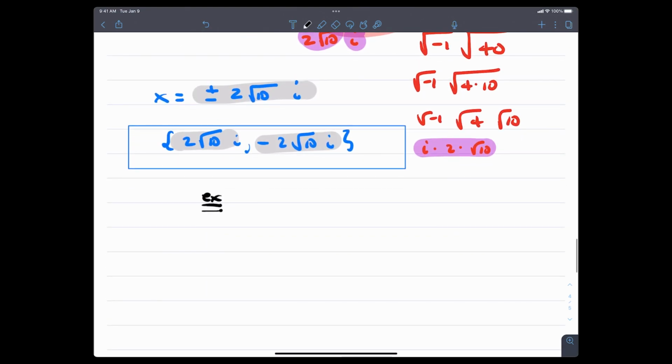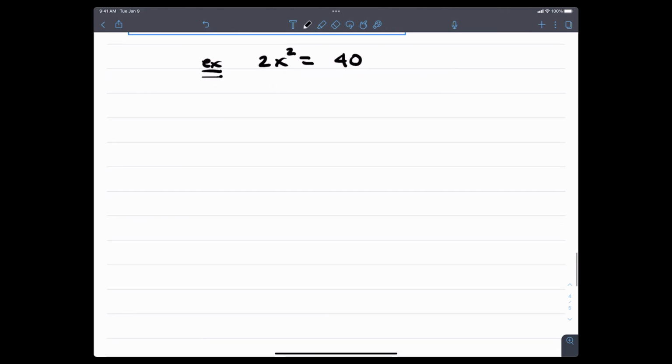Okay, so now you have the following. I'll give you another example. You say, what if they gave me 2x squared is 40? Okay, I want to point out to you guys here, you cannot use the square root formula now. You have to get x squared by itself.